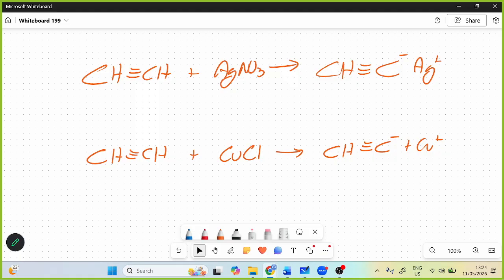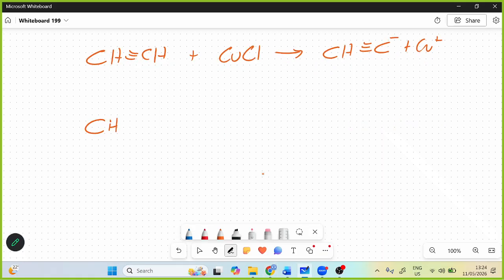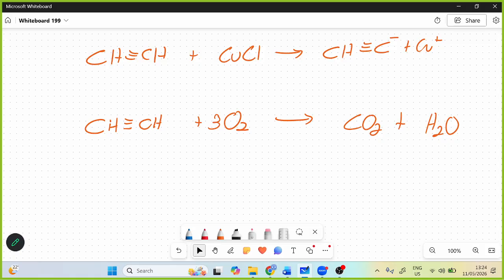Now, combustion and oxidation. Alkynes have one of the strongest combustions that we use. Do you know where we use ethyne?